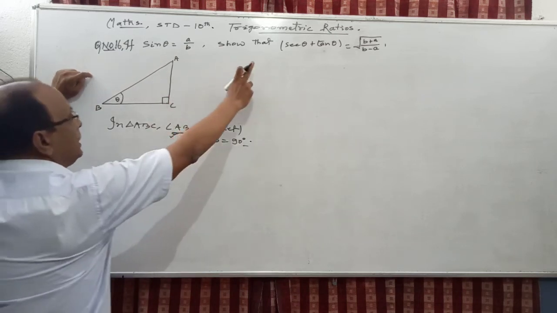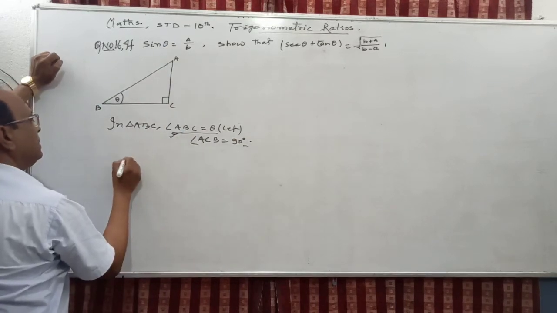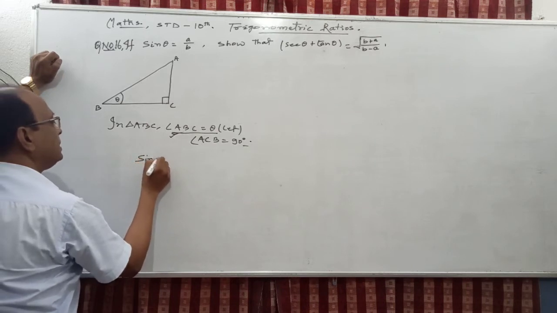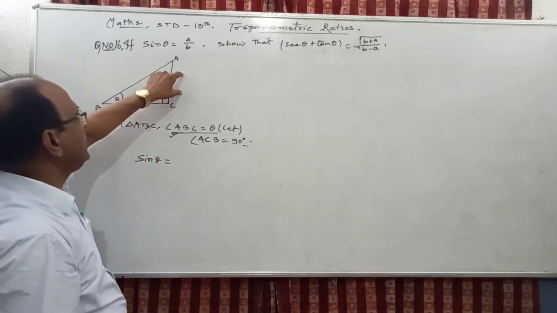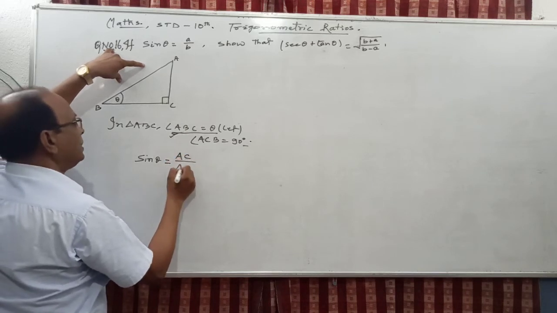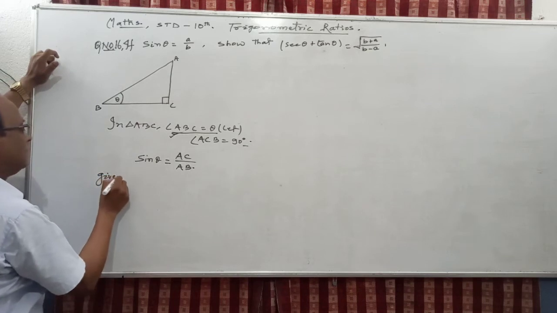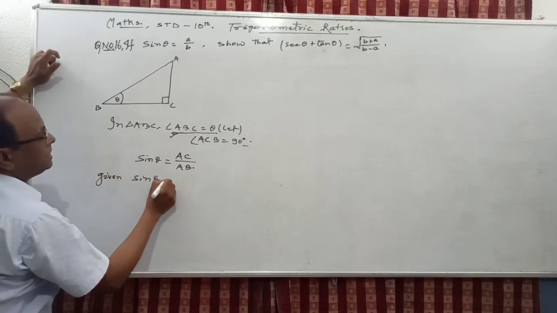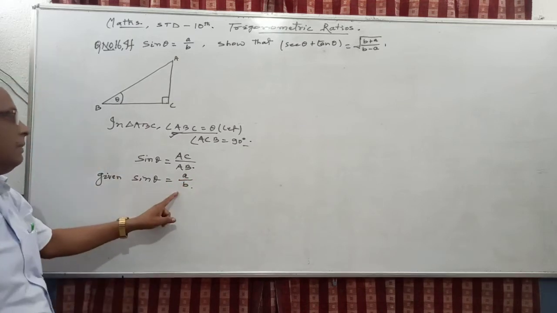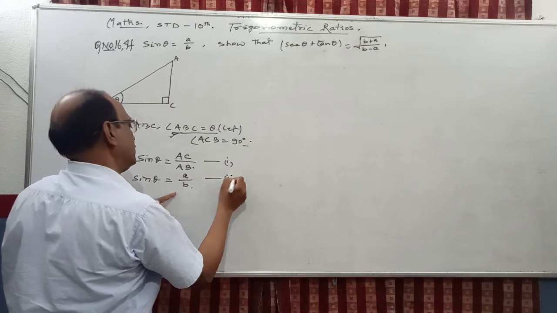Okay. We have in this triangle sin theta given. First we take sin theta is equal to what? P by H. So we write here AC upon AB, and given sin theta is equal to A by B. It is already given. So we take this as first and this one as second.